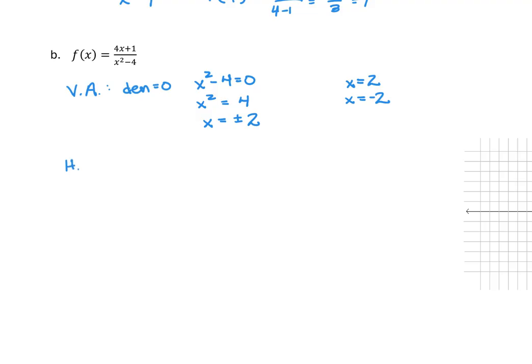All right, we want our horizontal asymptote. For our horizontal asymptote, we want to look at the leading terms. So if we look at our leading terms, we get 4x over x squared. I can cancel 1 x, which leaves me with 4 over x.